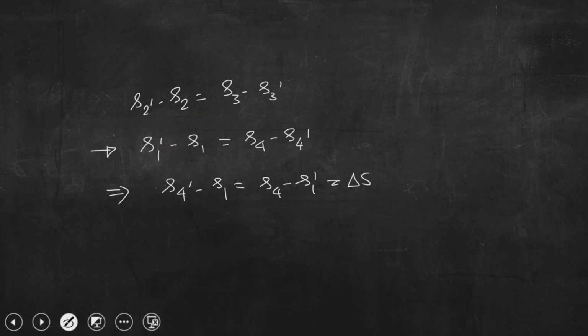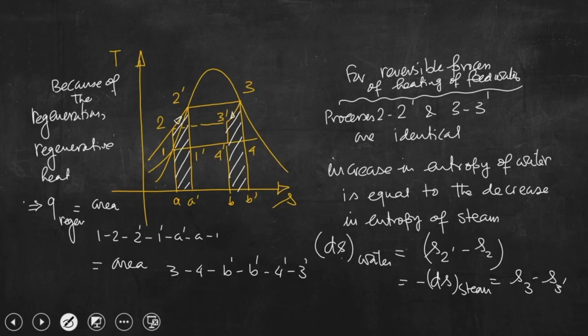If we look at this TS plane, this is delta S and also this is delta S. That means, if we look at this TS diagram, if we use a different color, 1 prime, 2 prime, 3 prime and 4 prime.